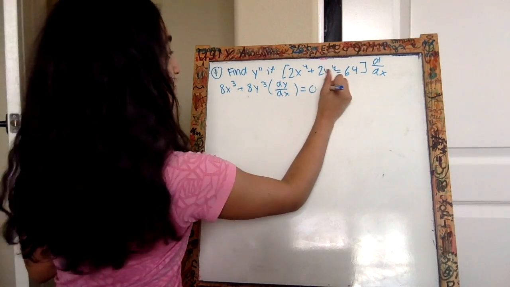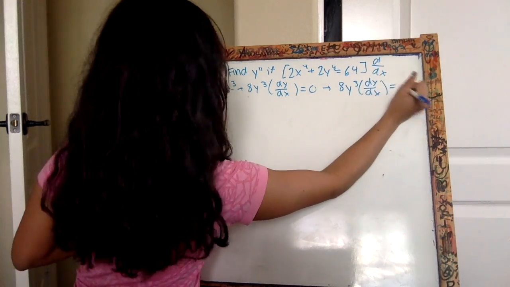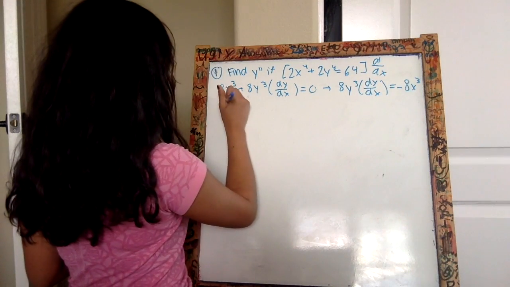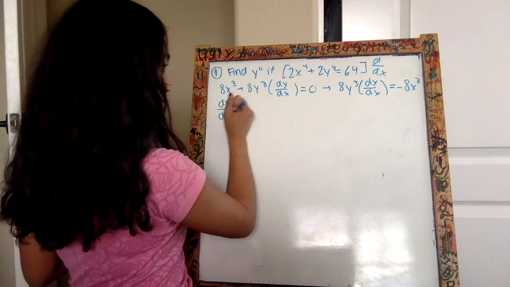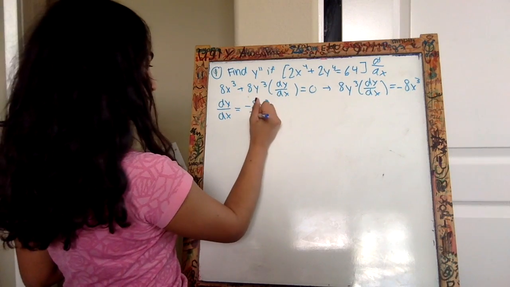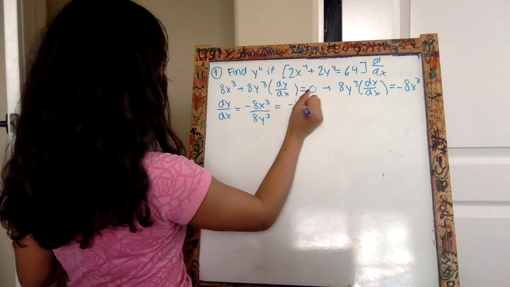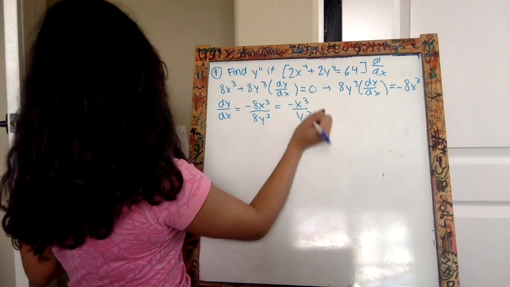We move our common terms to one side. And we solve for dy dx, which would be negative 8x cubed over 8y cubed, which is equivalent to negative x cubed over y cubed.